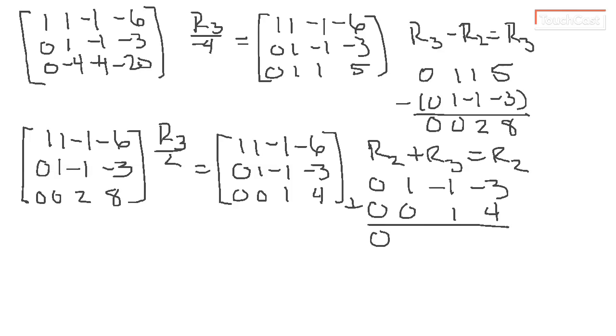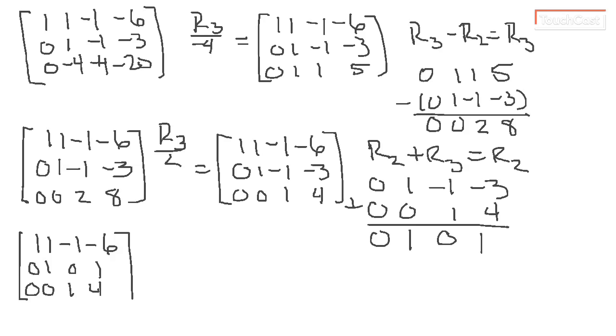So I'm going to get a 0, a 1, negative 1 plus 1 is 0, and negative 3 plus 4 is 1. So our new matrix is going to be 1, 1, negative 6, and our new second row is 0, 1, 0, 1, and our third row is still 0, 0, 1, 4. So we're almost done. We've got 2 of our solutions.